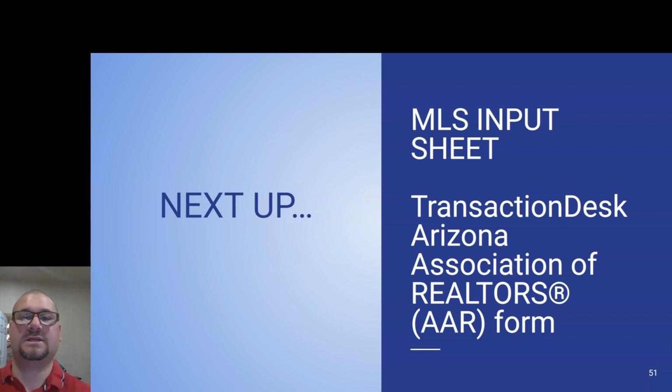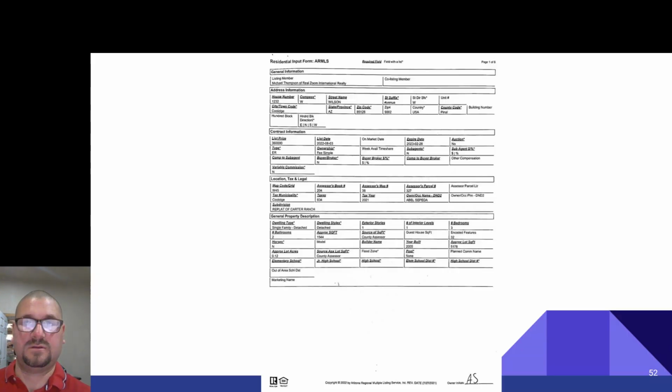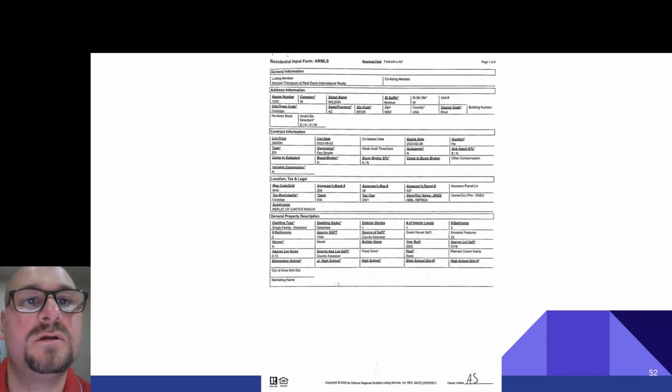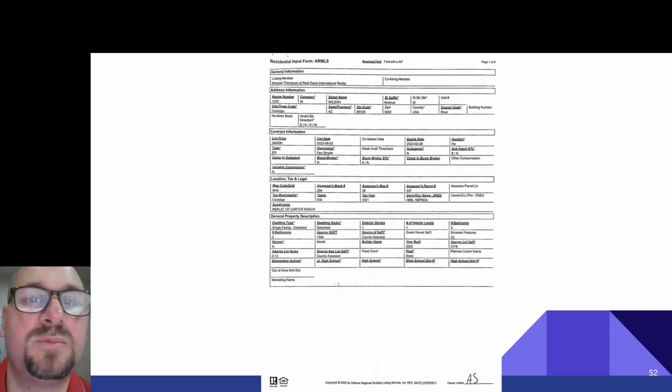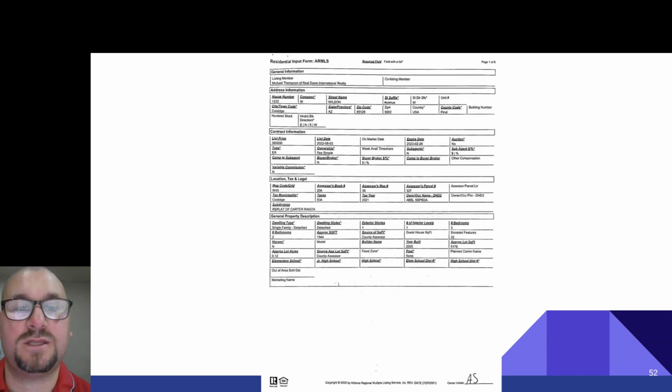All right, next is the MLS input sheet. So here you'll have your MLS input sheet, and at the very bottom right, you're going to have your seller initial. So again, here's an example of your MLS input sheet. So go into the MLS where you're listing, and then you can do a save copy.